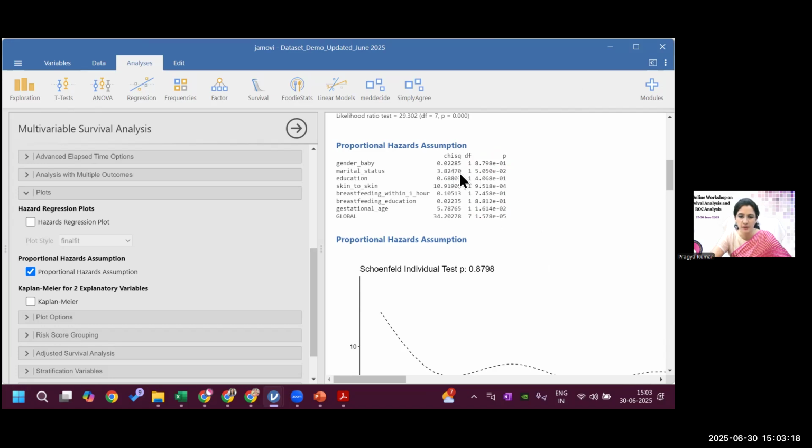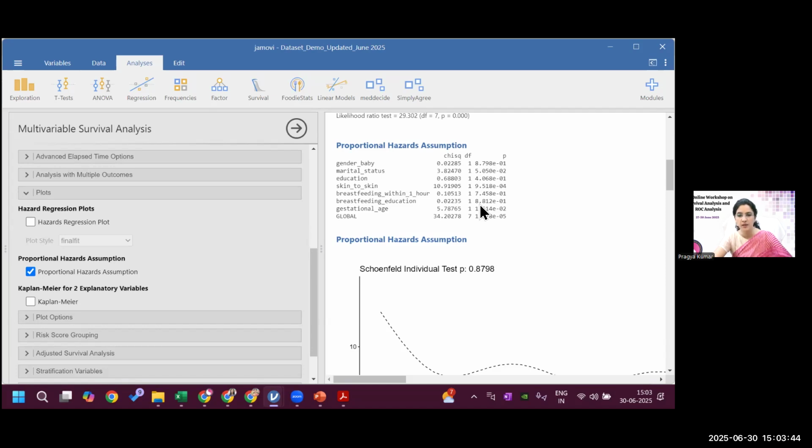Marital status, if you see, is not above 0.05, that means it is not meeting the assumption of proportional hazard. Education, again, is not meeting. This one is again not meeting. Breastfeeding within 1 hour is meeting.